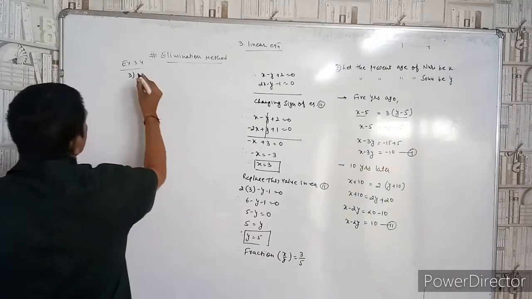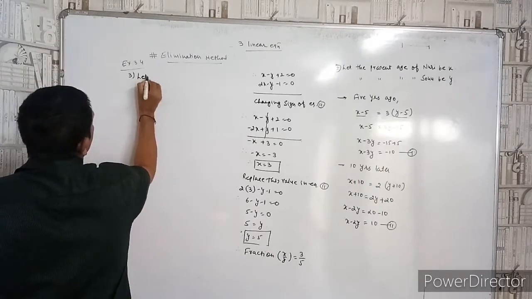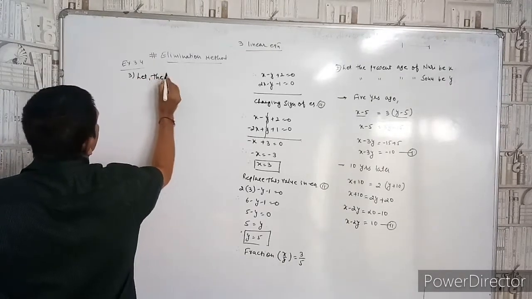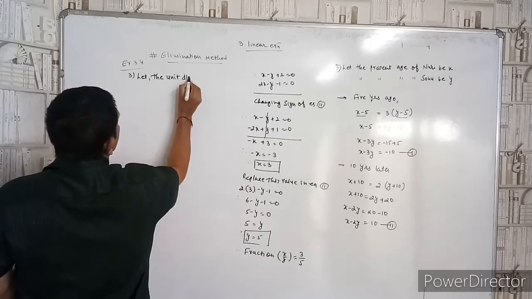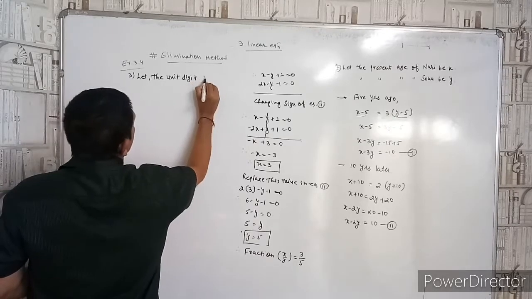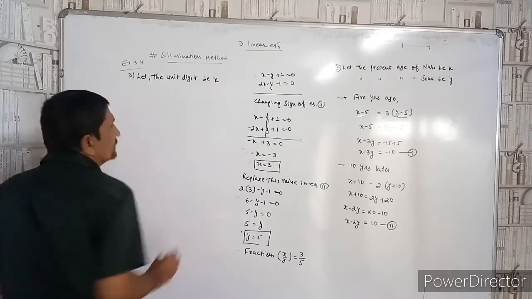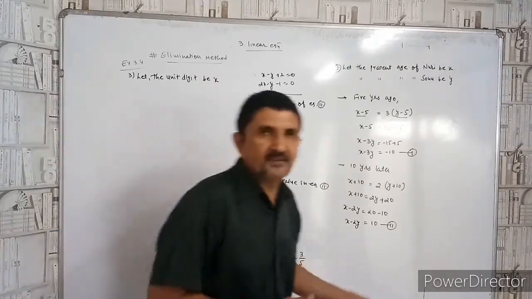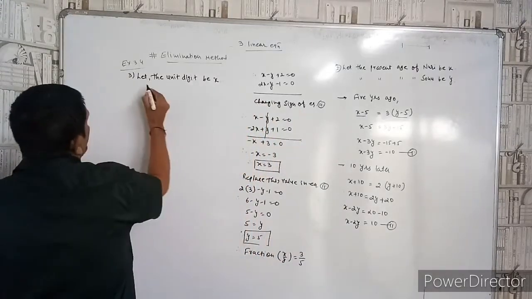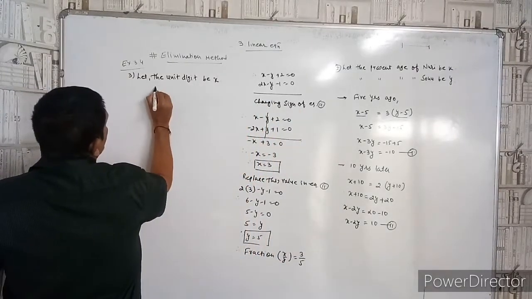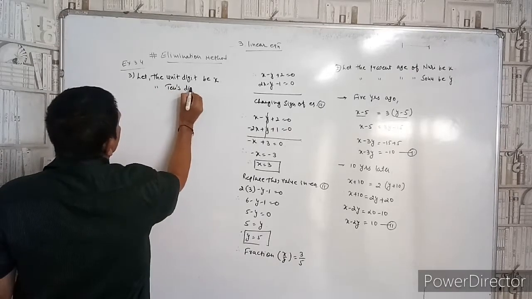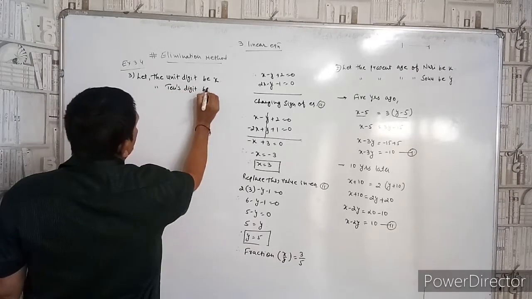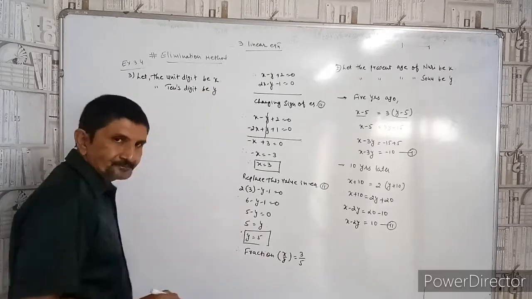Okay, first of all, let the unit digit be x, or y, anyone you can select. Second, let the tens digit be y.